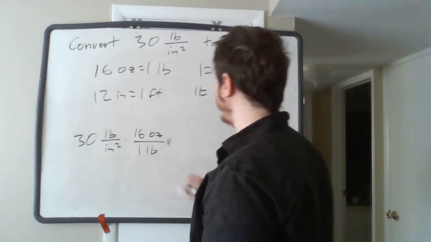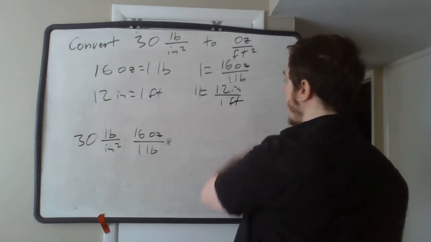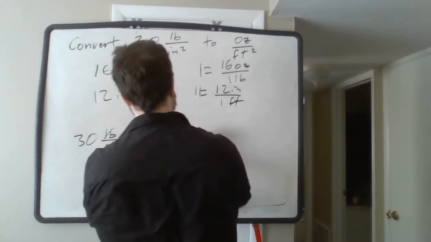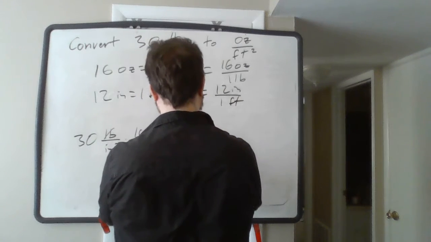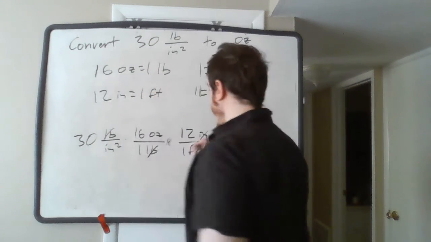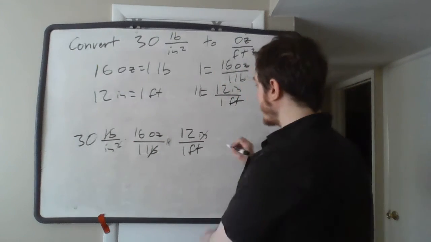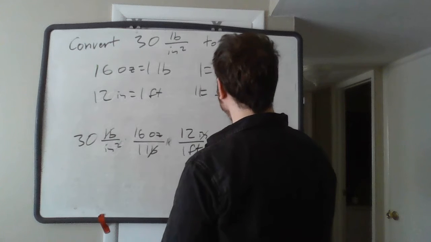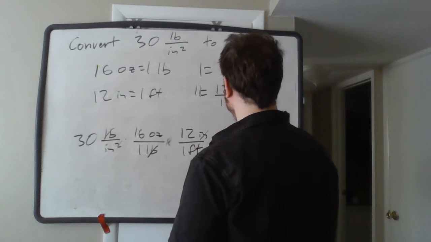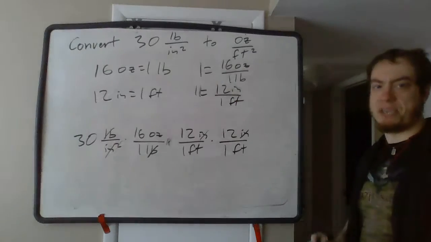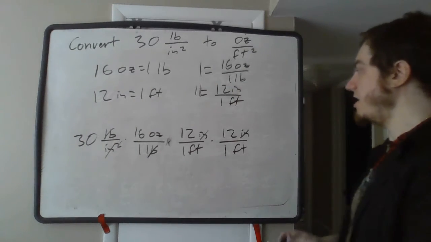And then I want to multiply by 12 inches per 1 foot, since I've already canceled out my pounds. That's going to cancel one of these inches here. I need to multiply by another 12 inches per 1 foot to cancel out the remaining copy of the inches units that are in the denominator.